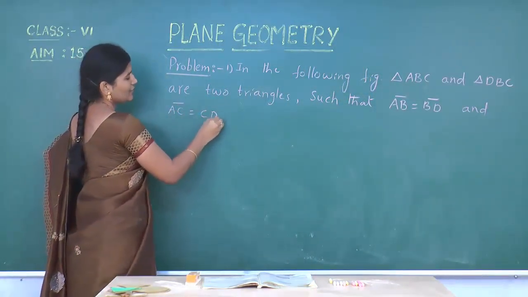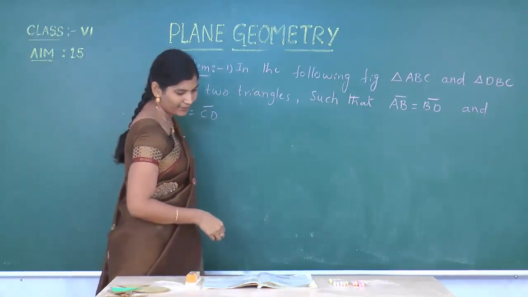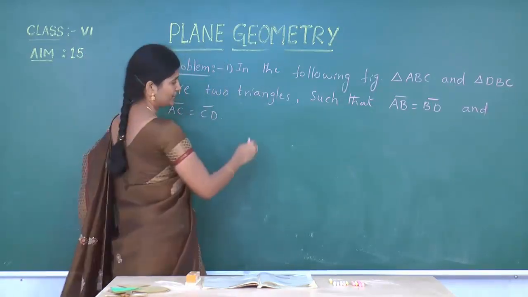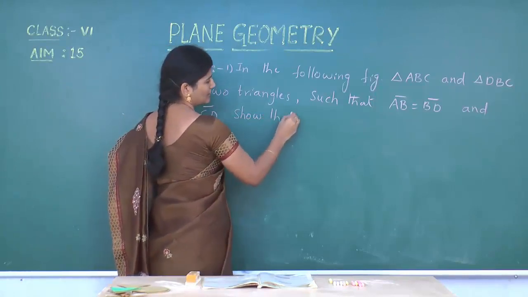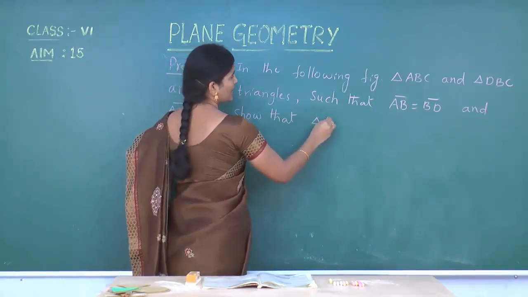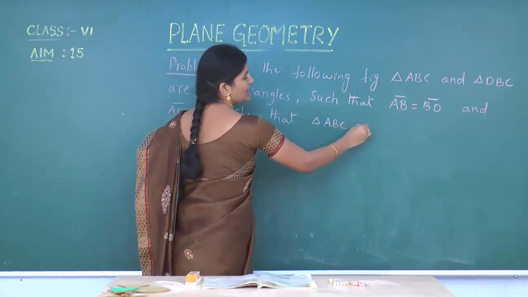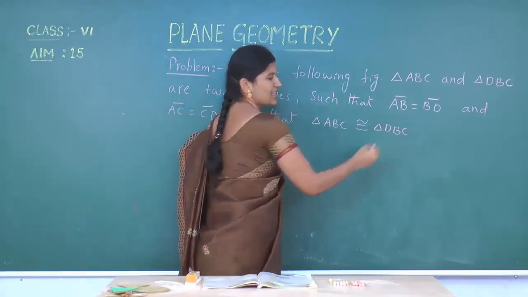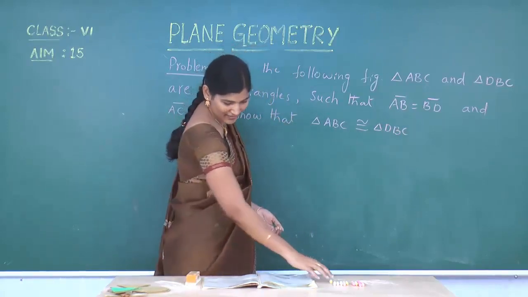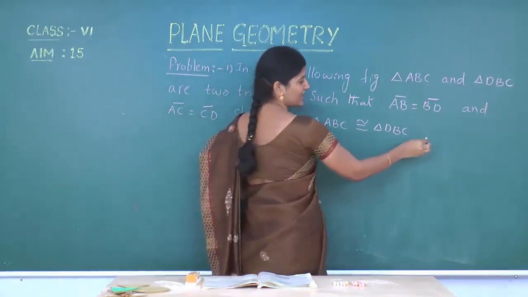Show that triangle ABC is congruent to triangle DBC, and the given figure is like this.